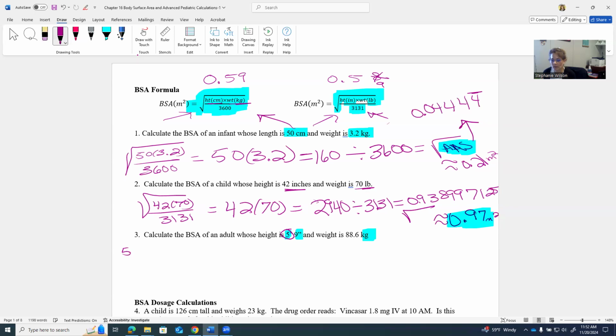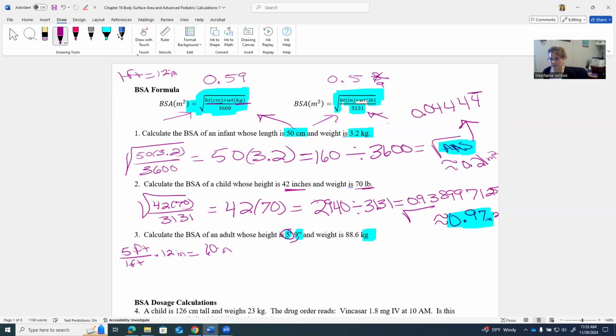So I'm going to come over here and I'm going to say 5 feet. And then what we know about feet to inches, we know for every 1 foot, it's equal to 12 inches. So I'm going to divide by 1 foot times 12 inches. And that should be 60, right? Clear it out. 5 times 12, yes, it's 60 inches.